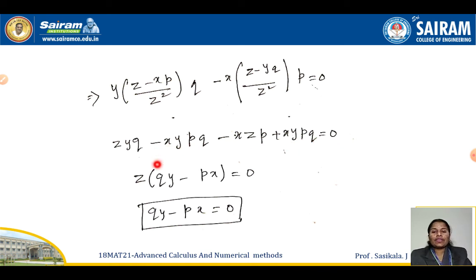Then you can see the xypq terms will get cancelled, isn't it, these two terms, and the first term and third term alone will be there. z of (yq minus px) equal to 0. z also will go for 0. So qy minus px will be the required result.